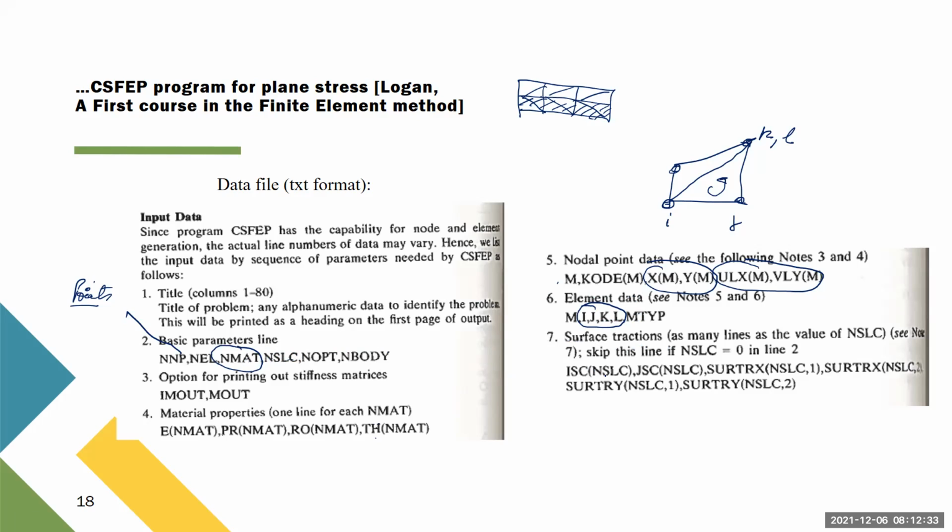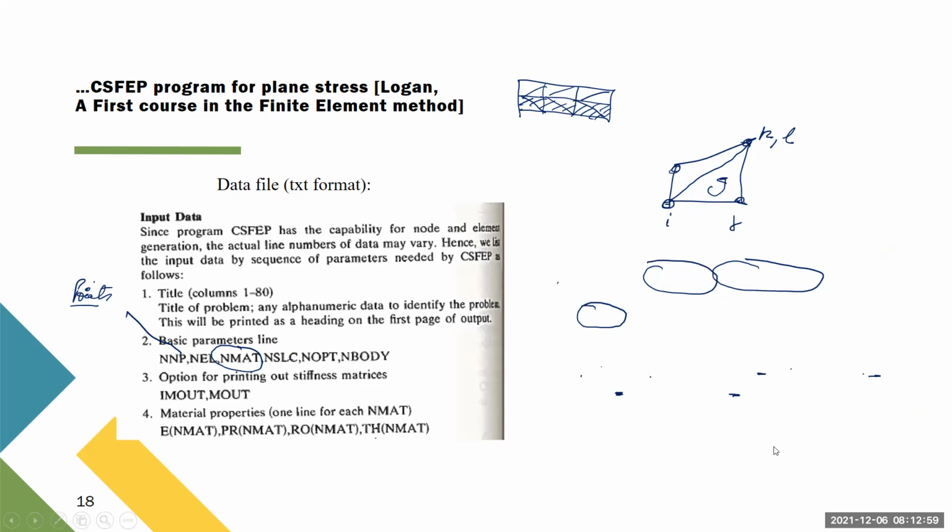For each one of these you need line 7. You have 1 and 2, the two joints that define the side where you're going to apply the tractions. Then you have the surface traction at the beginning and at the end, in the X direction, and something similar for the Y direction. So let me go back.